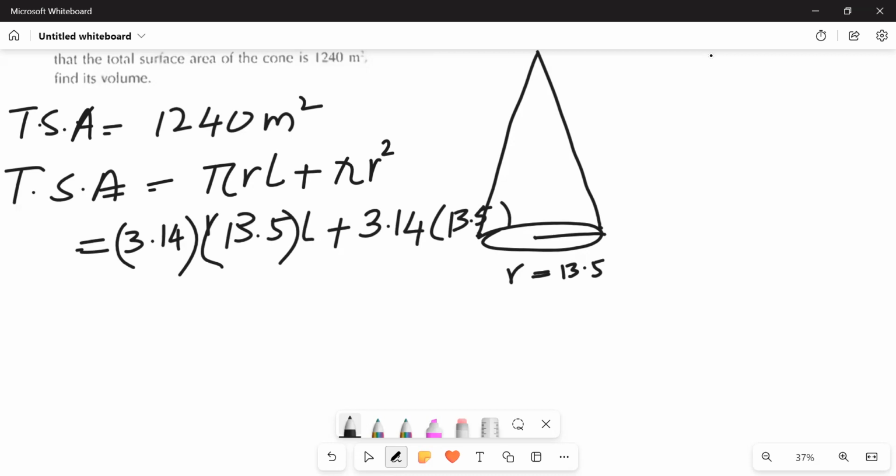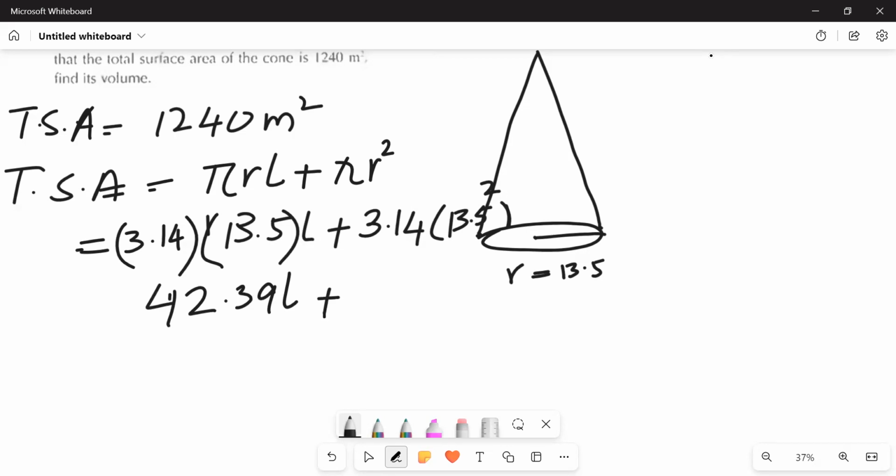Its answer is 42.39, and then L. And 13.5 square, because it is r square, then multiply 3.14.